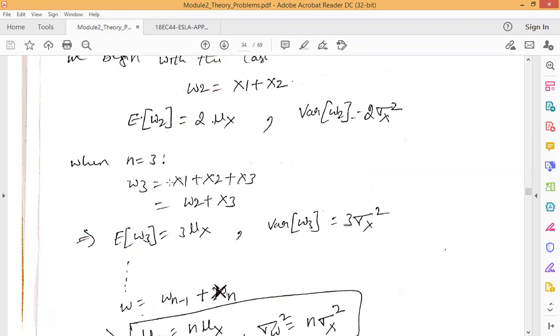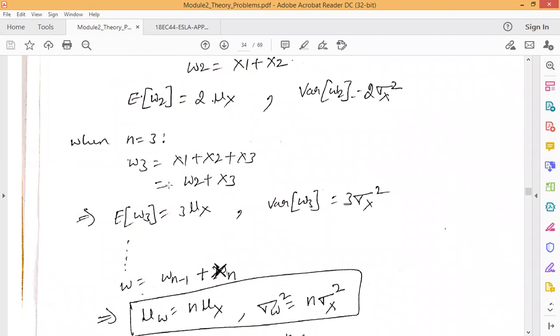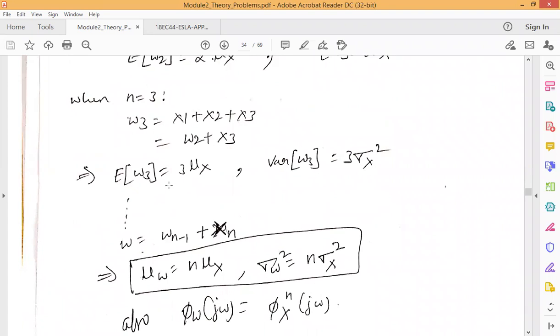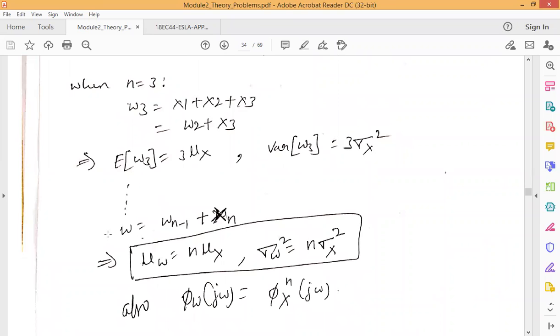Like that you can go on increasing the value of n, that is, the number of independent variables. In general we can write W as Wn minus 1 plus xn. As you have observed, W3 is equal to W2 plus x3, and when you go for writing W4, it will be equal to W3 plus x4.